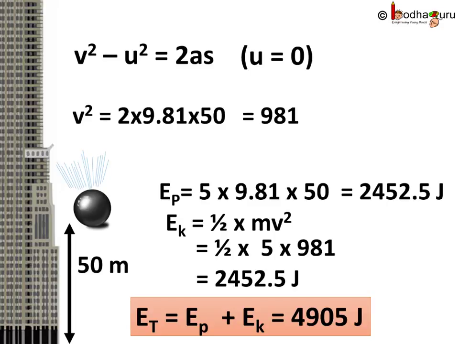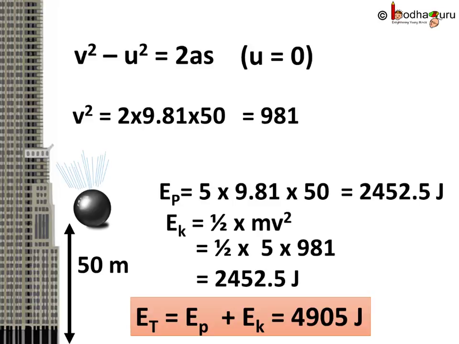Now v square becomes equal to 2 multiplied by 9.81 multiplied by 50, which is the displacement as it has fallen to height 50 meters. So v square is 981. So we got the value of v square. Now kinetic energy is equal to half mv square.